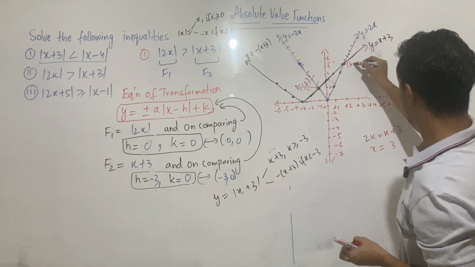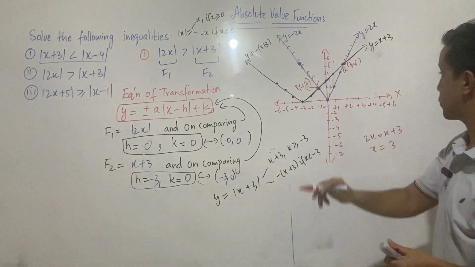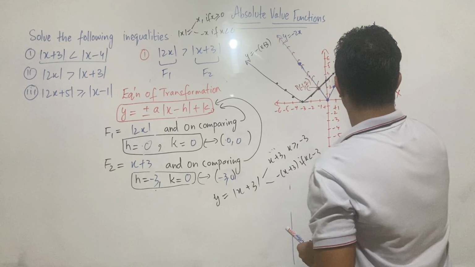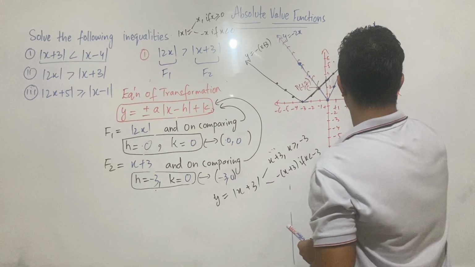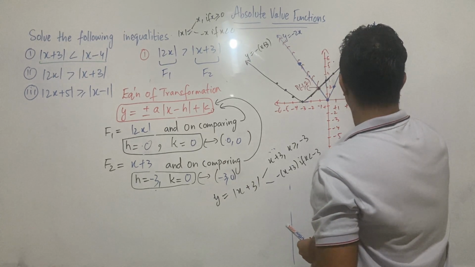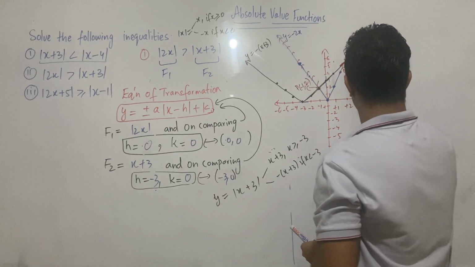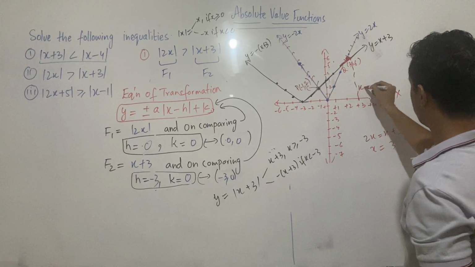This is going to be 3, 6, Q, right? So this is your 3. It's going to be somewhere right here. This is going to meet here. Okay, so this is x equals 3.